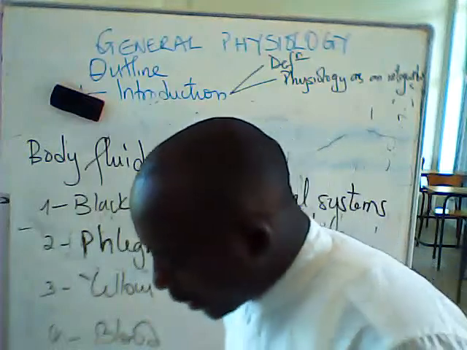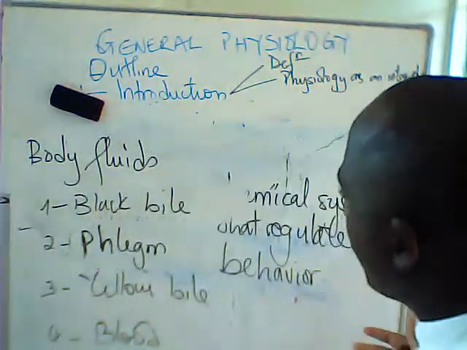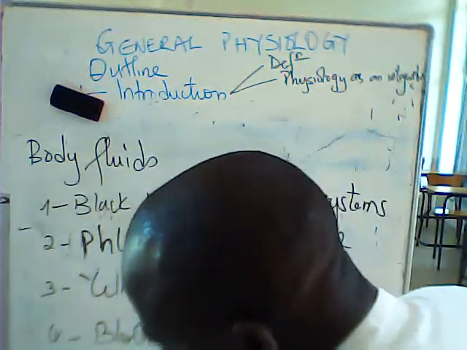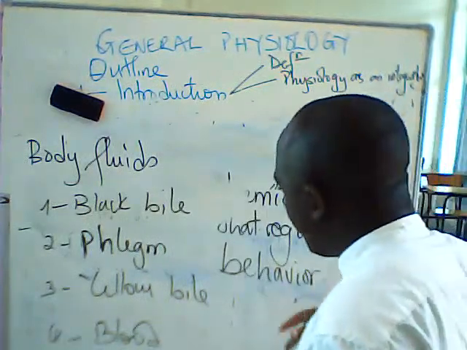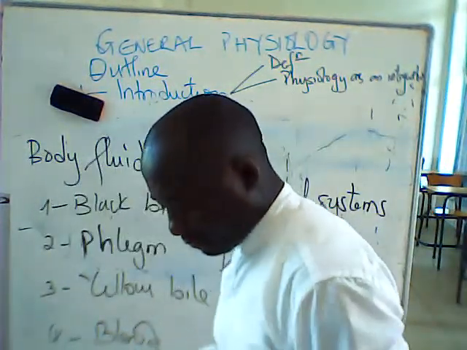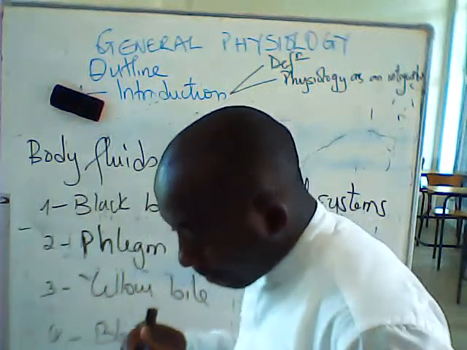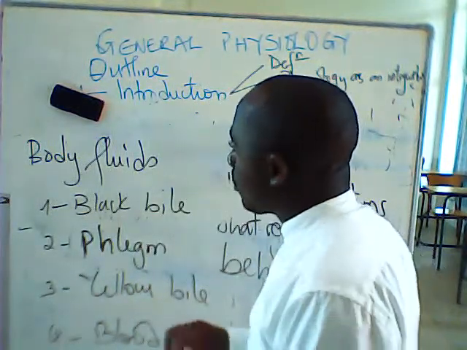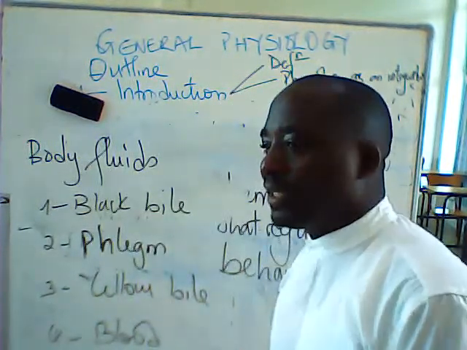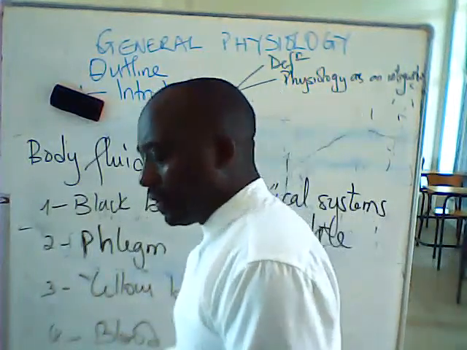Okay, so Hippocrates coined the theory of the four humors, stating that the body contains four distinct body fluids: black bile, phlegm, yellow bile, and blood.